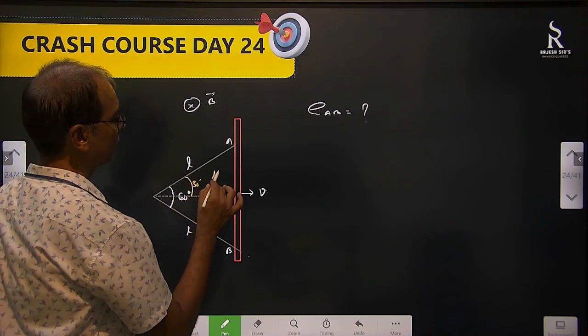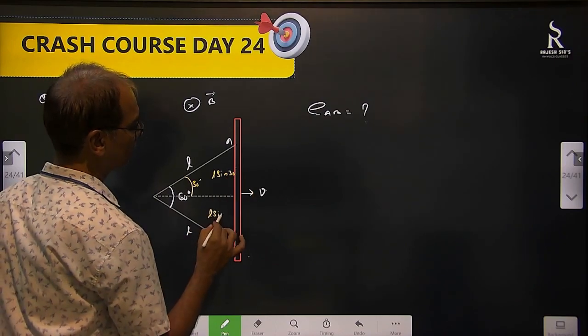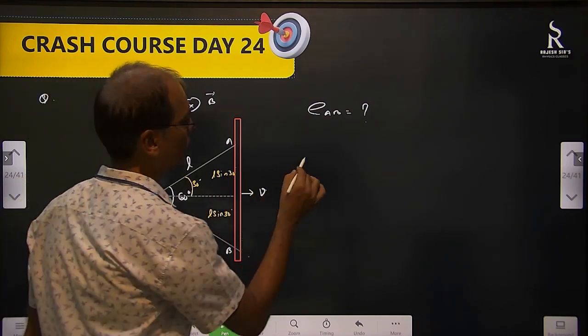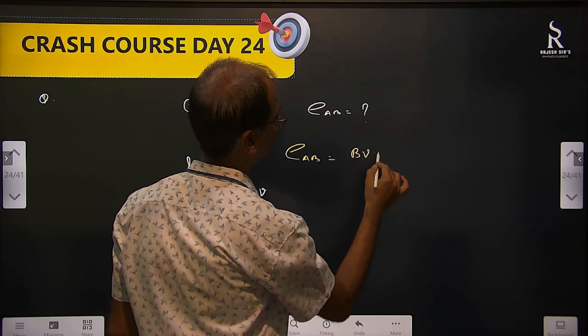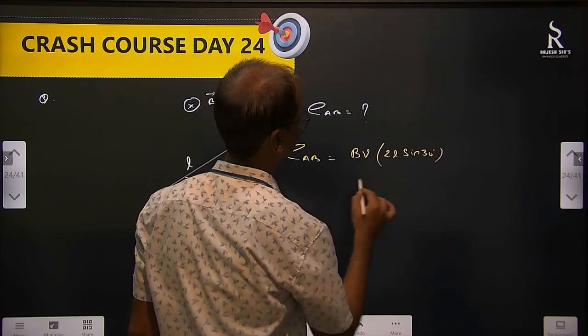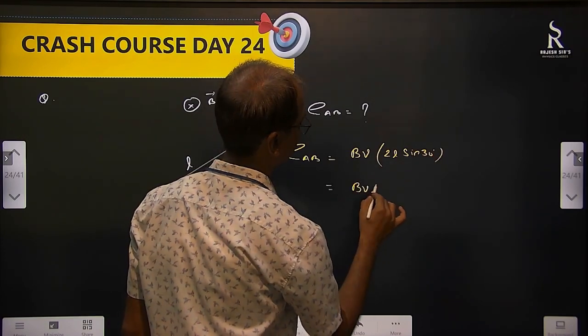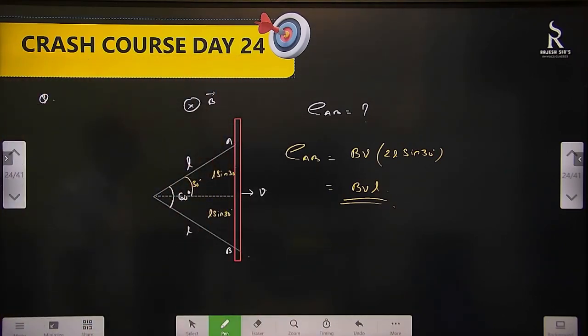So this is L sine 30, and this also L sine 30. So E_AB is B, V, and length 2L sine 30, that means L only. The answer is BVL. Very simple.